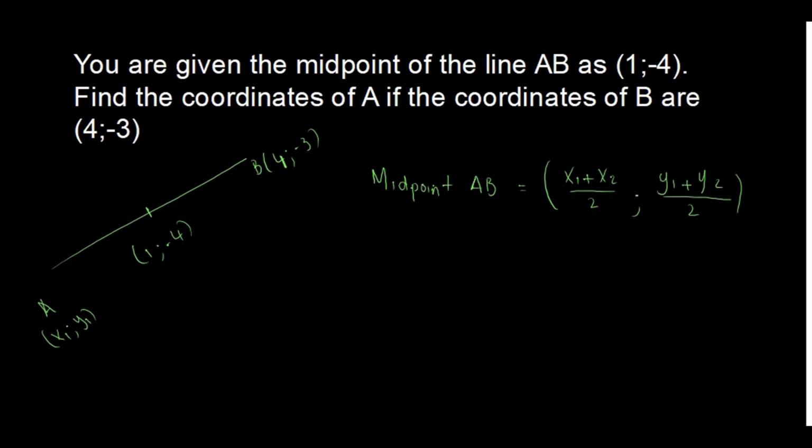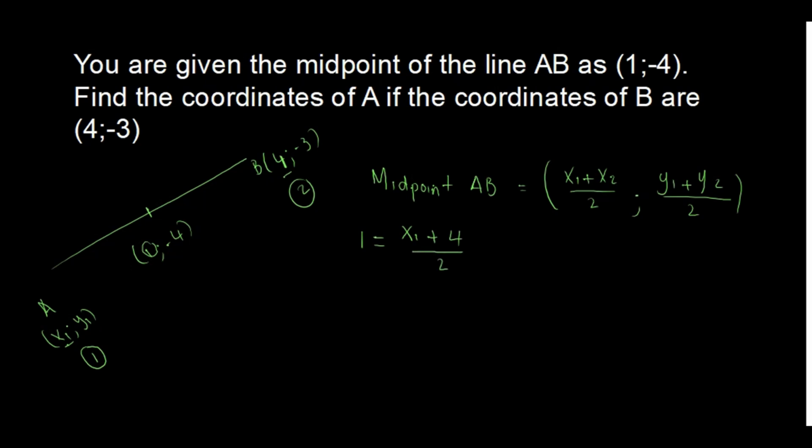We already know what the x value of our midpoint is, so 1 is equal to x1, which is the value that we're looking for, plus x2, remember that you must always label your points, so our x2 is 4, all over 2.